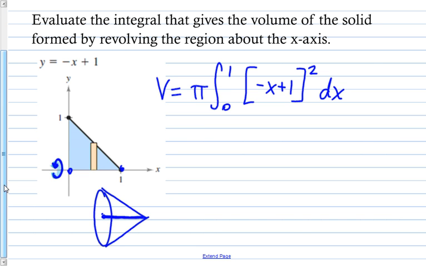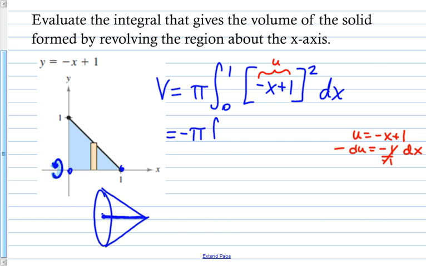So this is u. Right, so I'm going to write it here. So u is negative x plus 1. So du is negative 1 dx. So there is no negative here, so I'm going to compensate for that by dividing by negative 1 and then making that negative. So now I'm going to have negative pi, because I like bringing out negatives and numbers to the front.